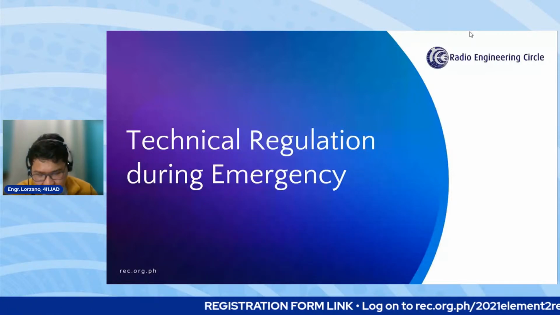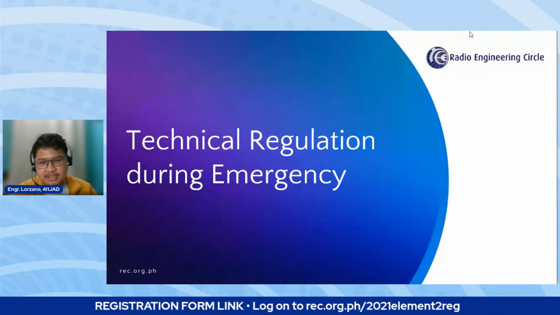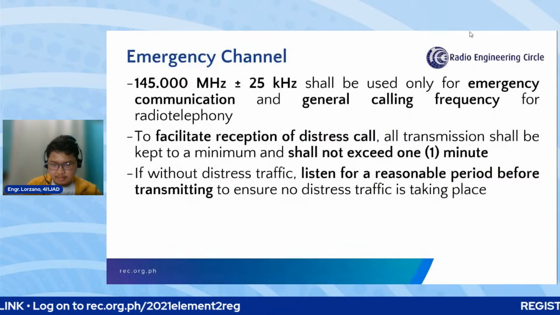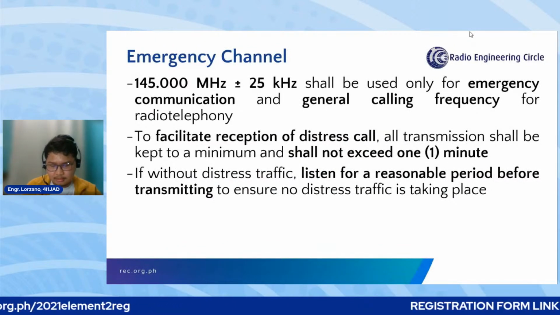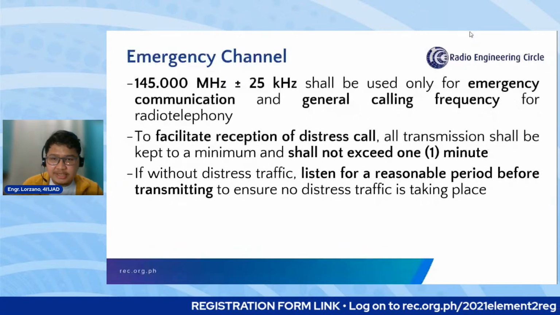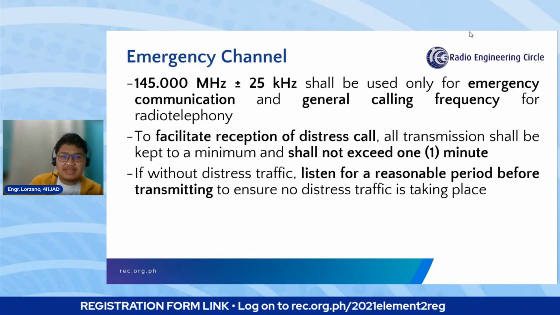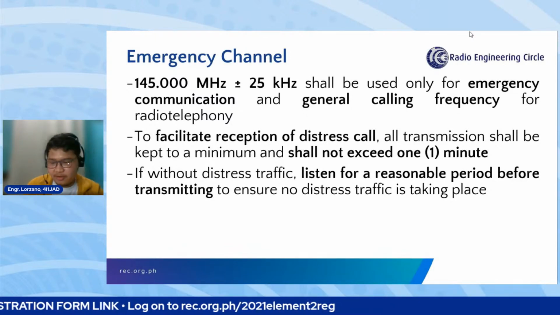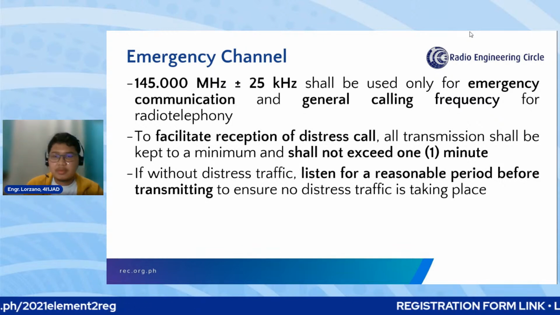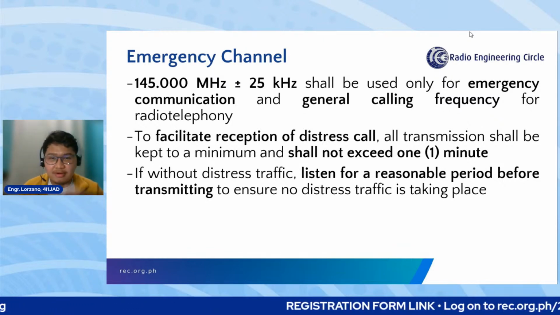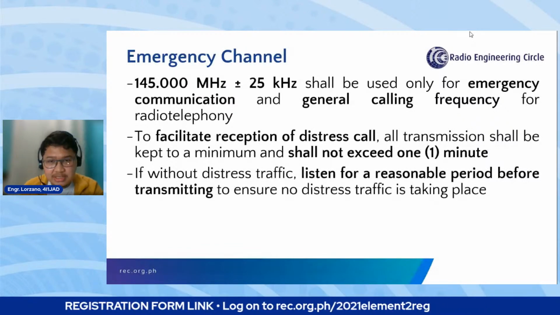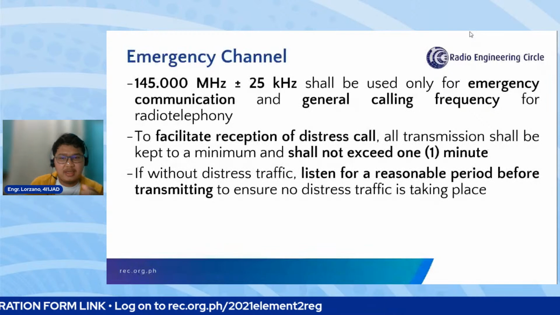Technical regulations during emergency. Ayan. So, si emergency channel natin, we may transmit it using the 145.000 megahertz with plus or minus 25 kilohertz that can be used for emergency communications and general calling frequency for radio telephony.